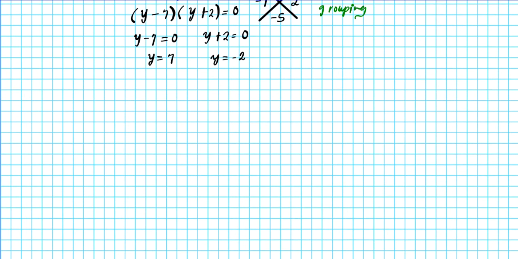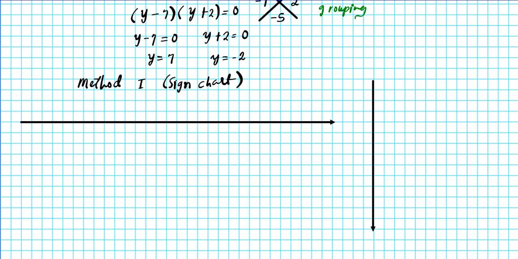Now I'm going to divide my work into two parts. I'll do the sign chart, which is a longer process, on the left, and then I'll do the graph on the right. So method 1, we're going to use a sign chart. What we'll do here is make a number line and graph our critical values.